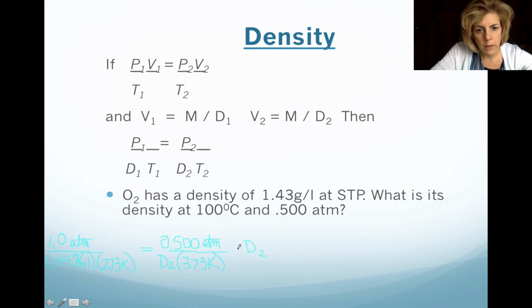And then I'm going to solve for D2. So I'm going to put the variables off to one side.